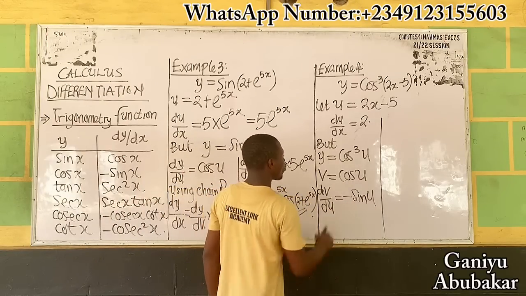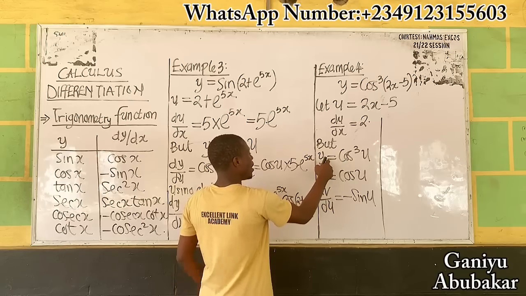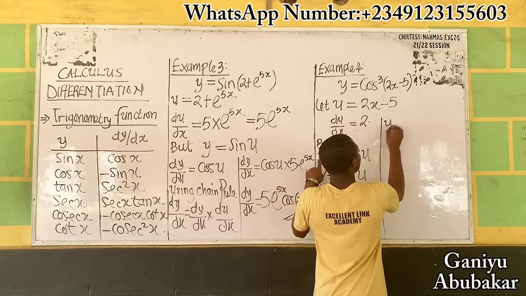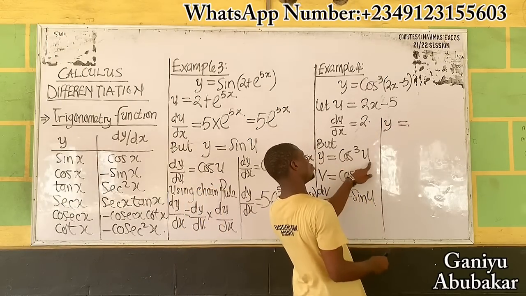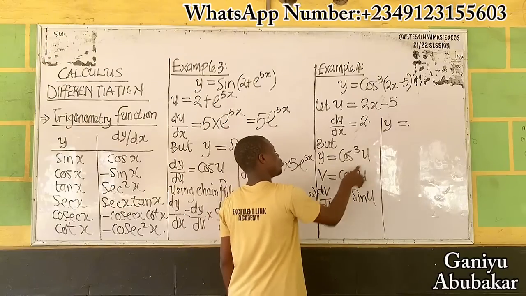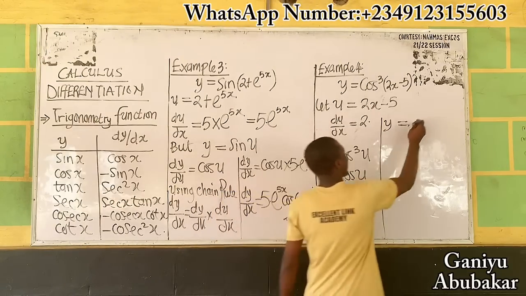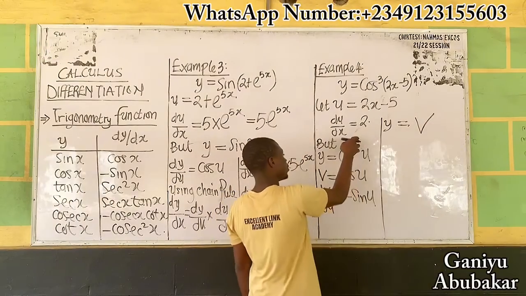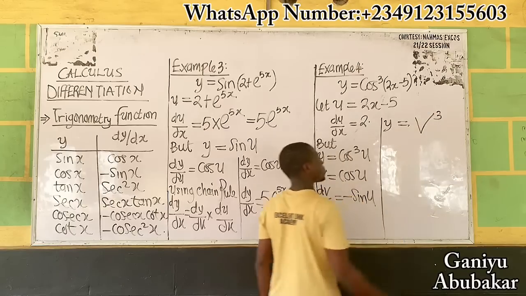Next task now, go back to this one here. I have that y is equal to cos u, all cubed. Observe, cos u now is v. I'll have v, then this power 3 will come here.